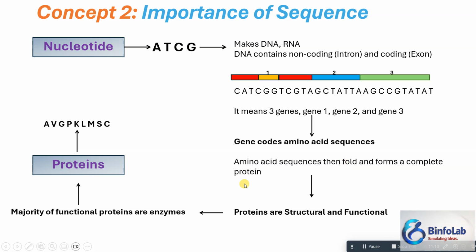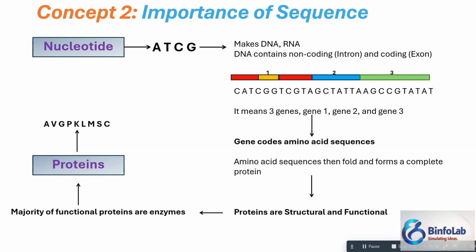Then once the amino acid sequence is produced, it is folded. In your theory you might have studied the primary sequence of protein, the secondary structure, tertiary, and quaternary.